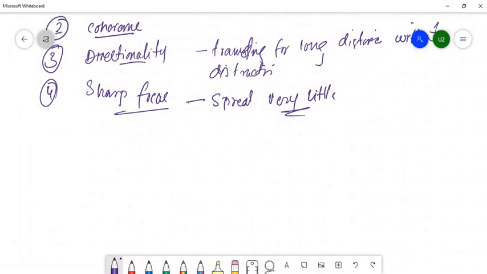Now, coming to its application. What are the applications of laser? That is already understood. However, let me write a few applications.